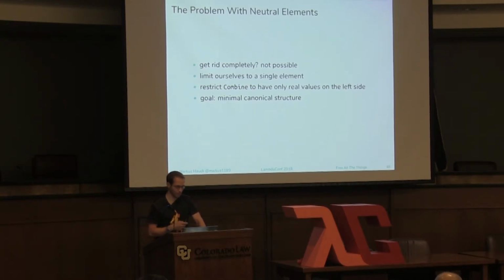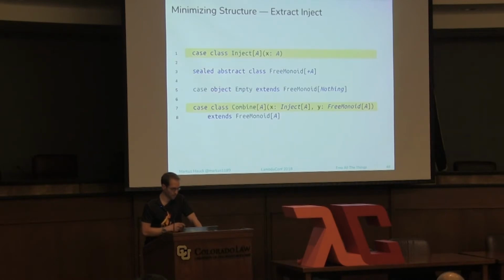And the idea is, again, to restrict our combine to have only real values on the left-hand side. So previously, we had inject and empty on the left-hand side. Now we only want real values in there. OK, so we have our case class inject that only takes some value of type A. And in the combine case, instead of having this trait with a not combine, we only have the inject case. So we don't allow the empty case anymore in there.